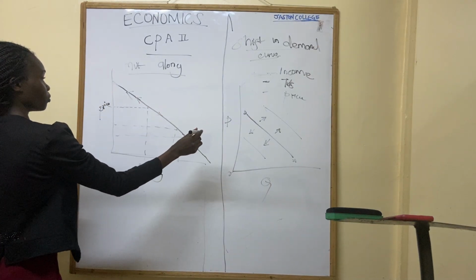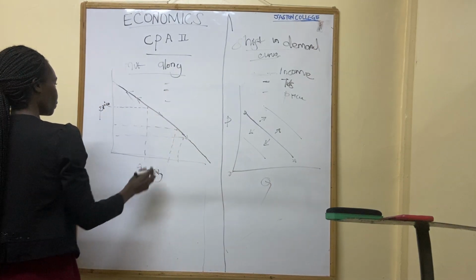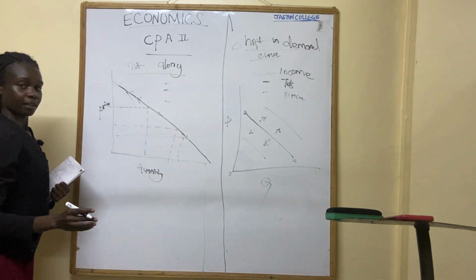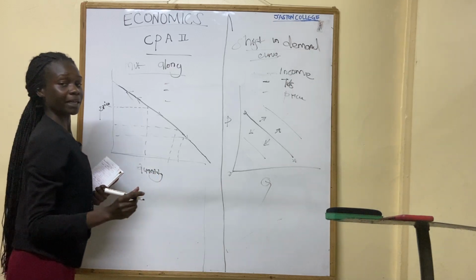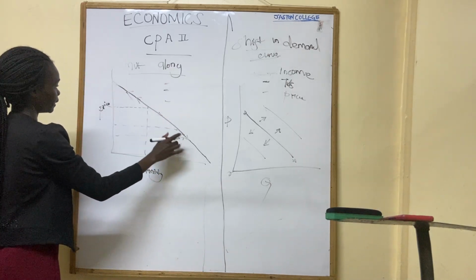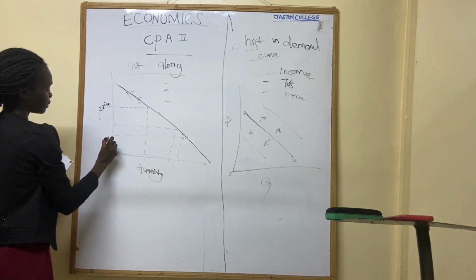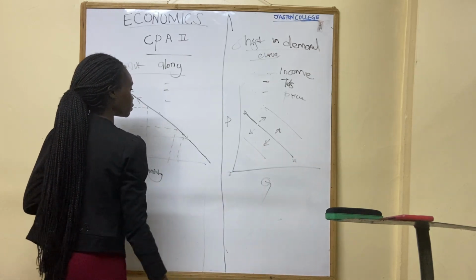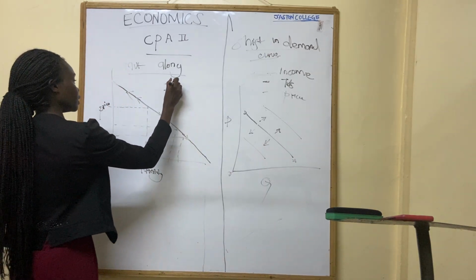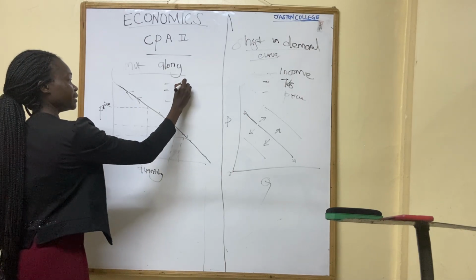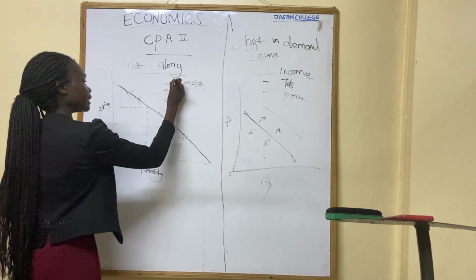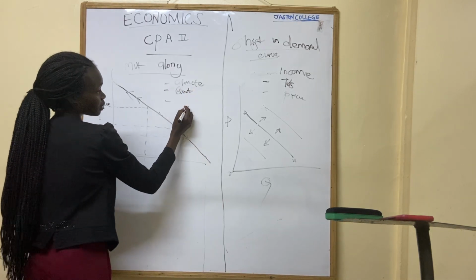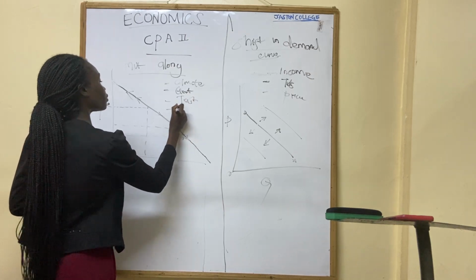For movement along the curve, what makes it move along is price. Other factors other than price are not included here because they are held constant. Price here is up and down. The other factors include climate, government, taste, or income.